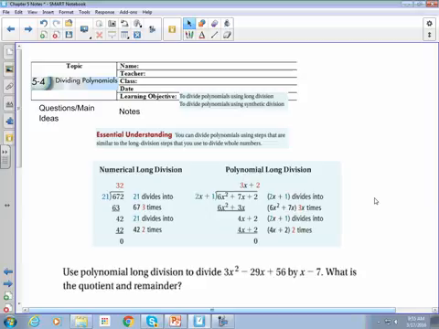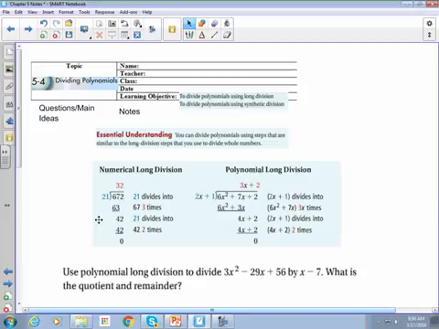So just to remind you, when we do long division, like 672 divided by 21, 21 goes into 67 3 times. 21 times 3 is 63. Then we subtract, we change the sign here, 67 minus 63 is 4.